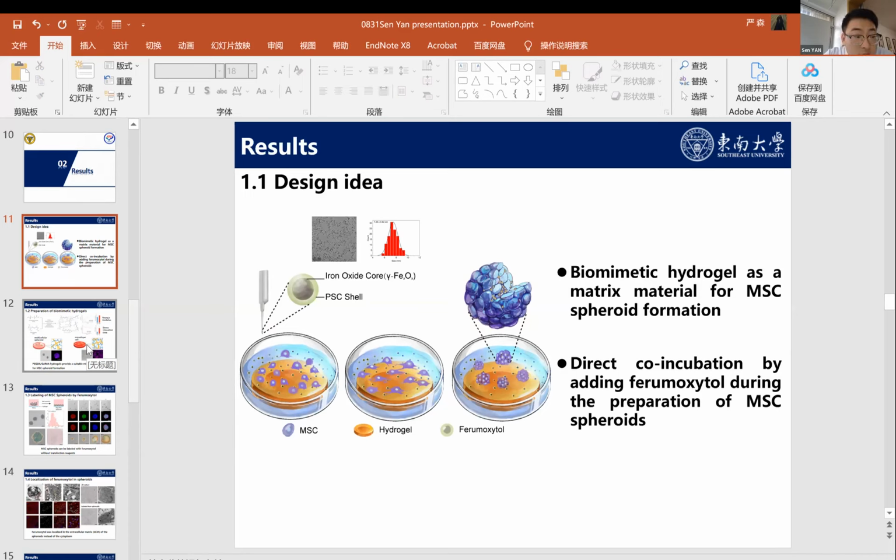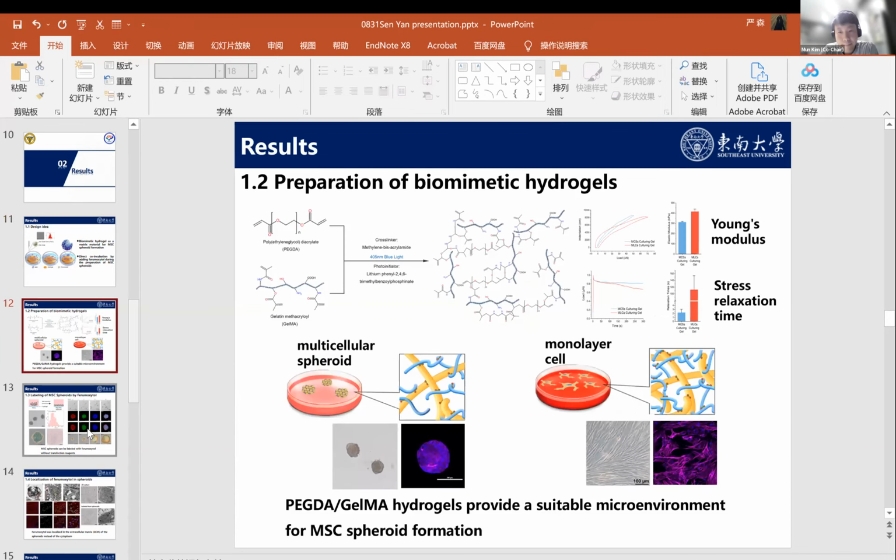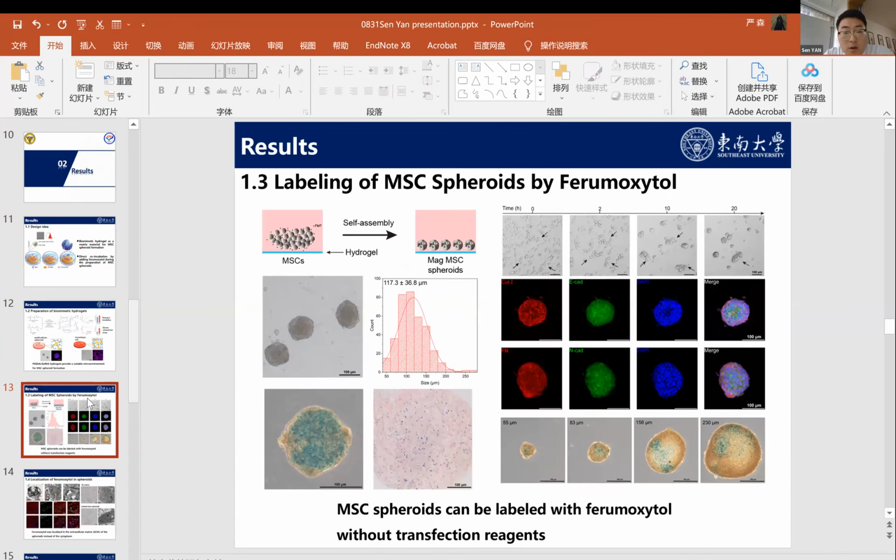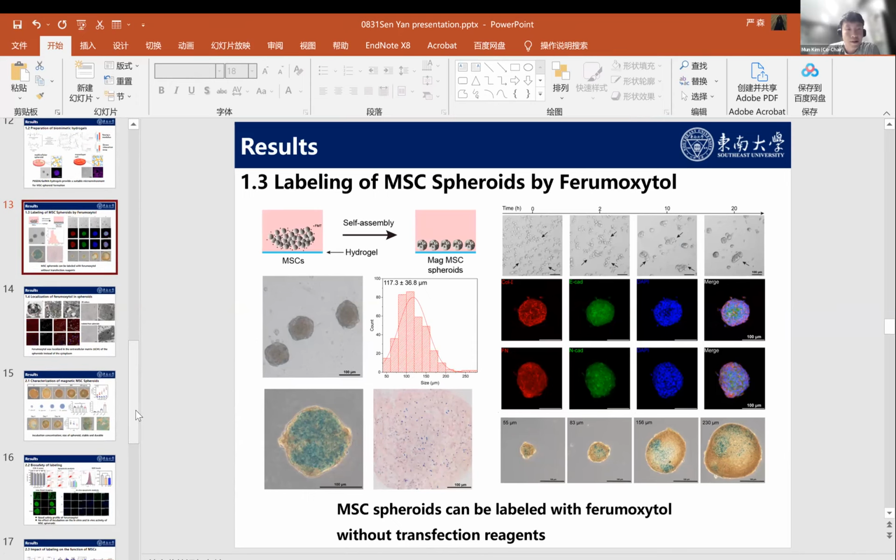During the labeling, is there any optimal size for the spheroids? When labeling, I found no side effect. Okay, great, thanks.